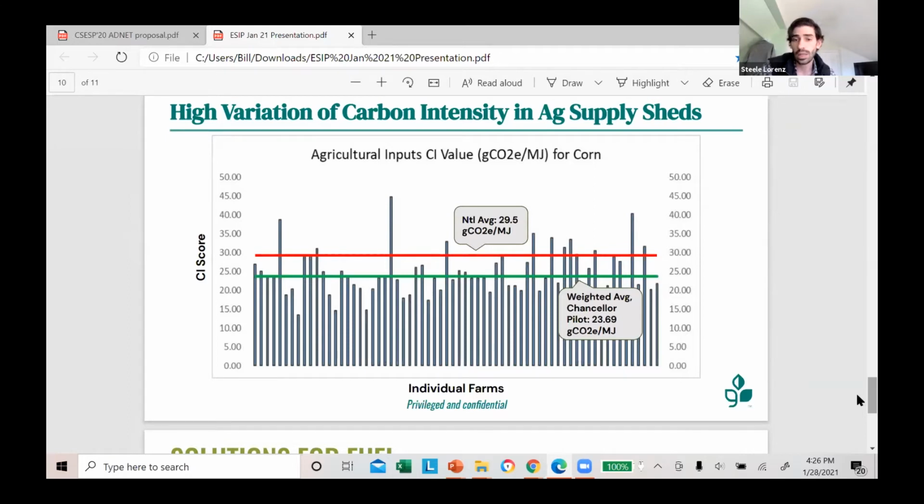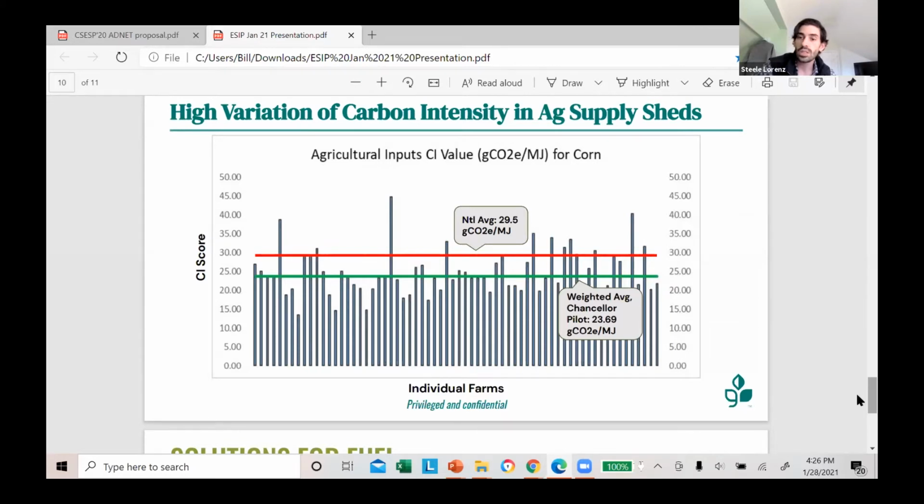The individual blue lines are how carbon intensive each farm's production of corn was. The red line is the national average, which is how biorefineries are credited today. And the green line is the actual average for their supply chain.